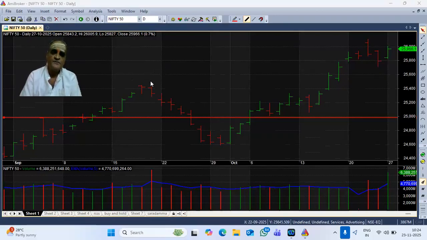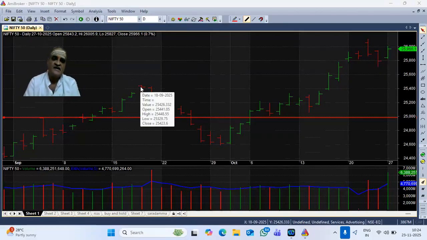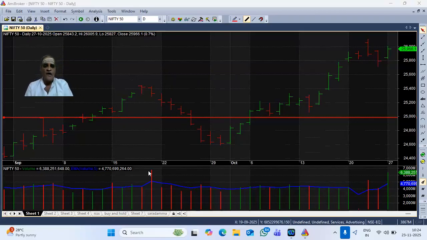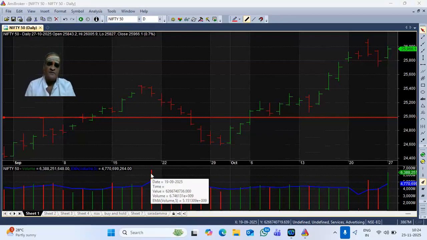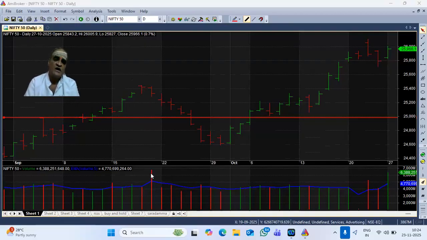Next day, what happened? Here you can see that the open itself is the high, and there is an increase of volume. So what happens is that a bearish bar took place, and the length of the bar is more than this bar, which is called an outside bar, which indicates trend reversal.